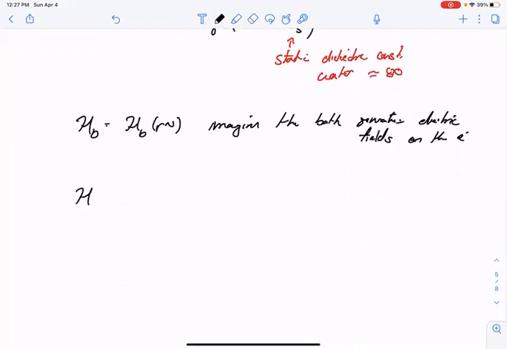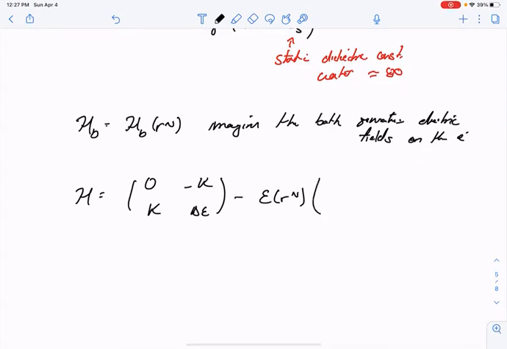So putting these two together, we have our electronic Hamiltonian in this site basis of the donor and acceptor. We have electric fields generated by the solvent that occur with different orientations depending on whether you're pointing the field in the direction of the donor to the acceptor or vice versa.